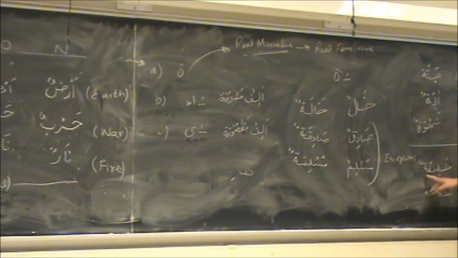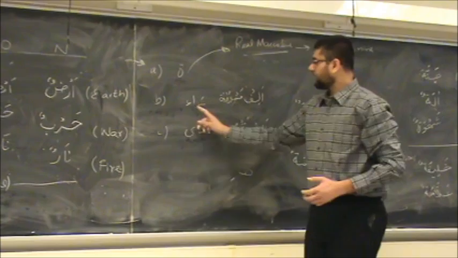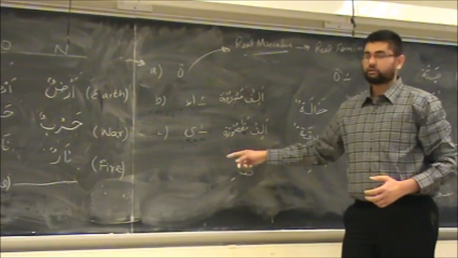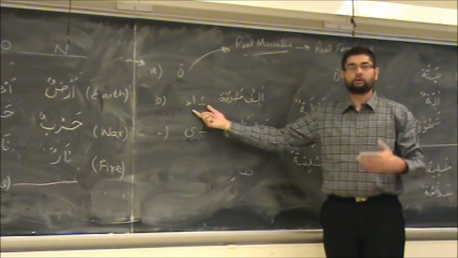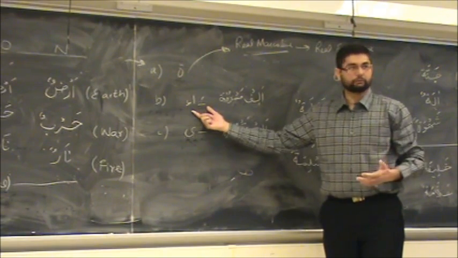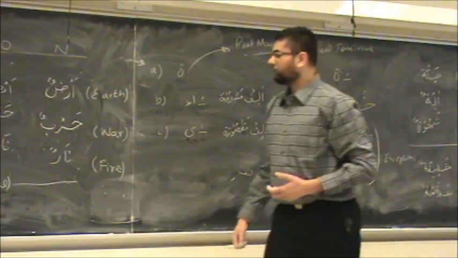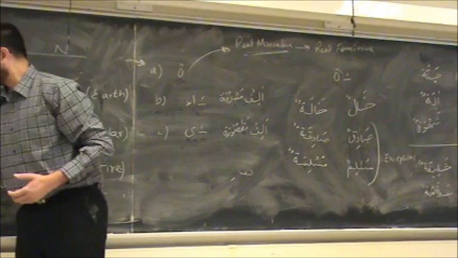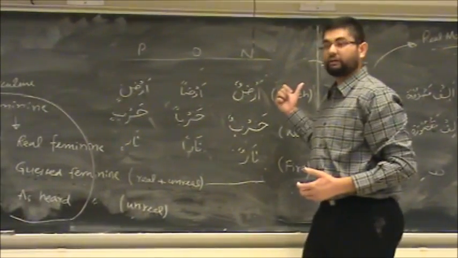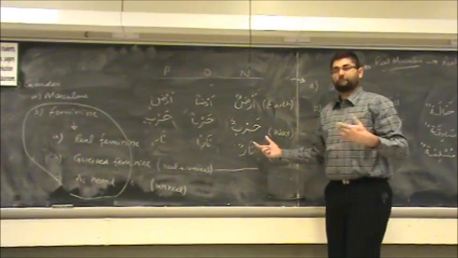But there are two exceptions that we talked about, which have ta marbuta at the end but are not feminine. Then the other two identifications, and we studied their examples. Now the third is those which do not have any identification, but they are feminine.